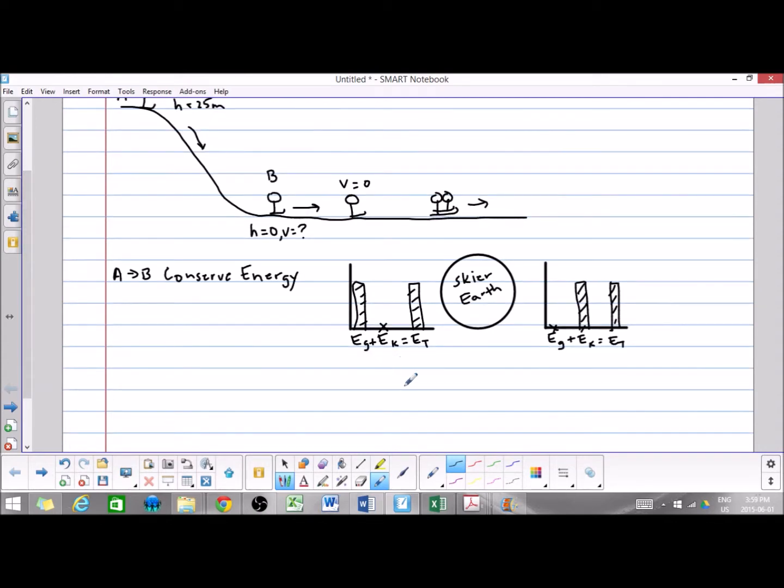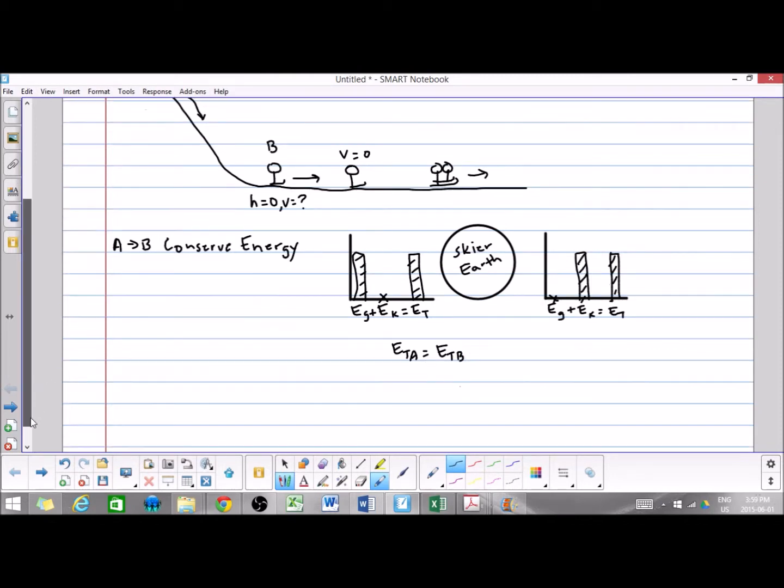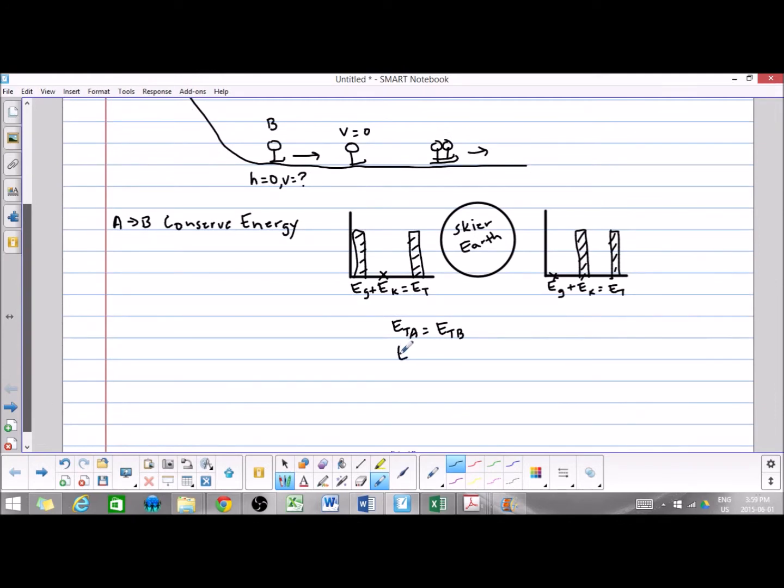So your energy equation, if the total energy at A is equal to the total energy at B, well, at A it's gravitational potential energy, at B it's kinetic energy. So mgHa equals 1/2 mvb squared.